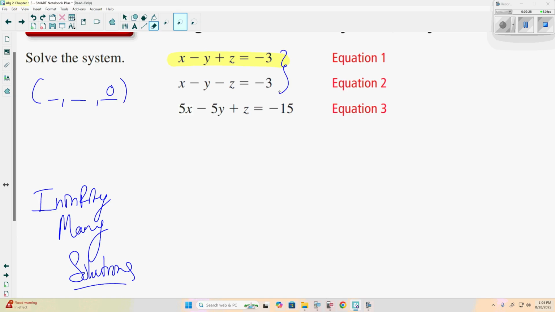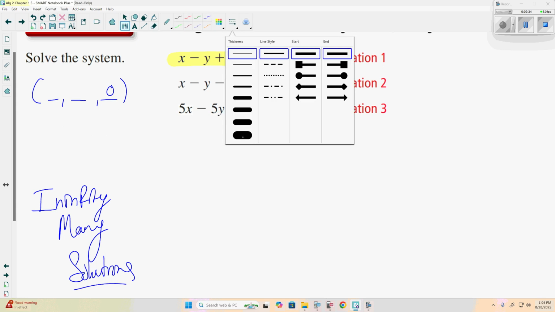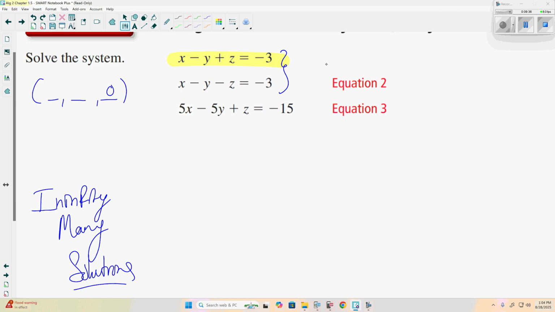If we look at the top two equations and plug z in for them, we would have x minus y plus 0 equals negative 3, which is telling us that x minus y is equal to negative 3.